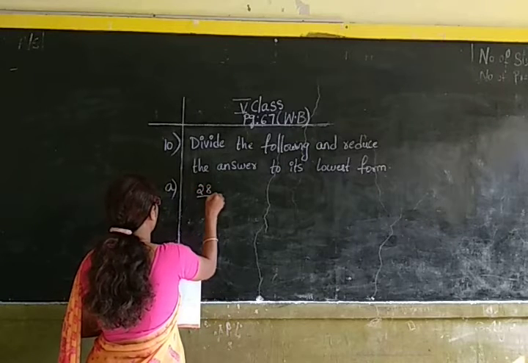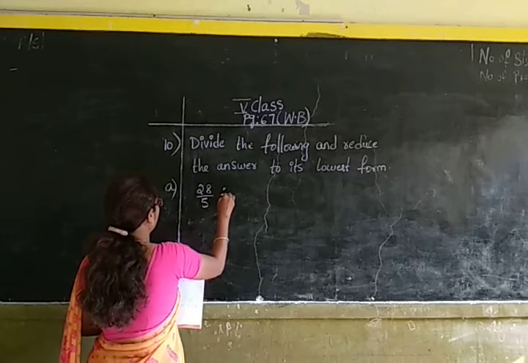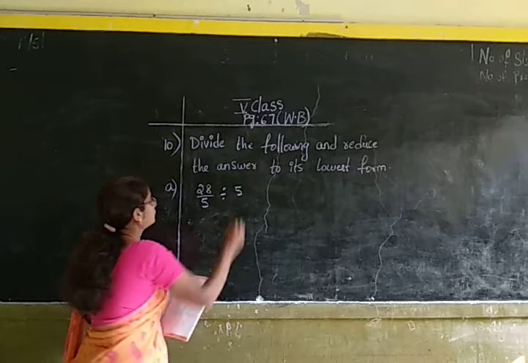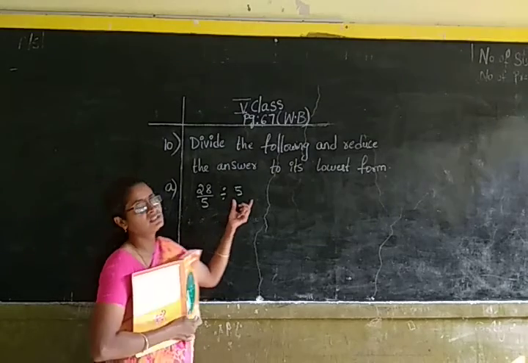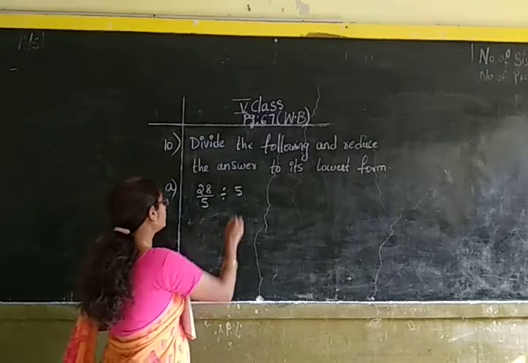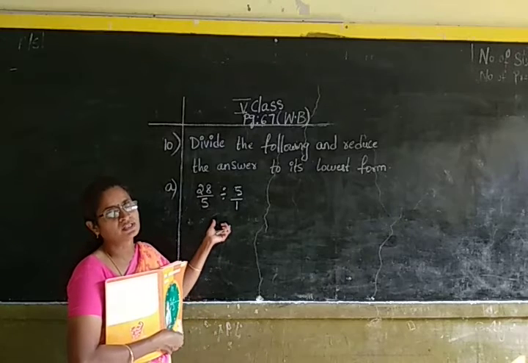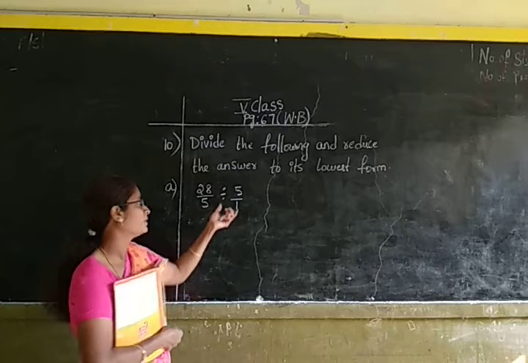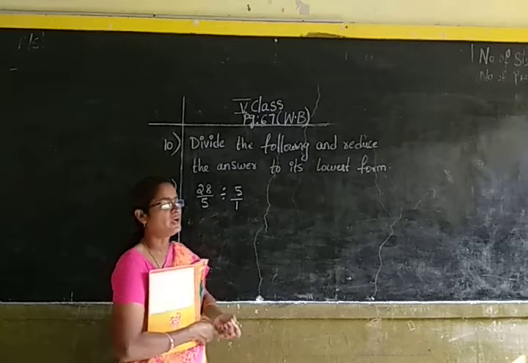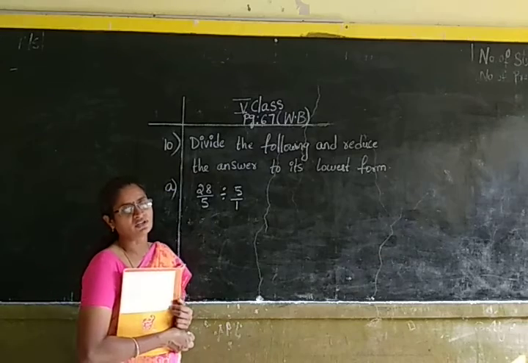28 by 5 divided by 5. So you have to divide 28 by 5 by 5. Let us assume that there is 1 under 5, because 5 by 1 means 5. So for doing division, what do we have to do?